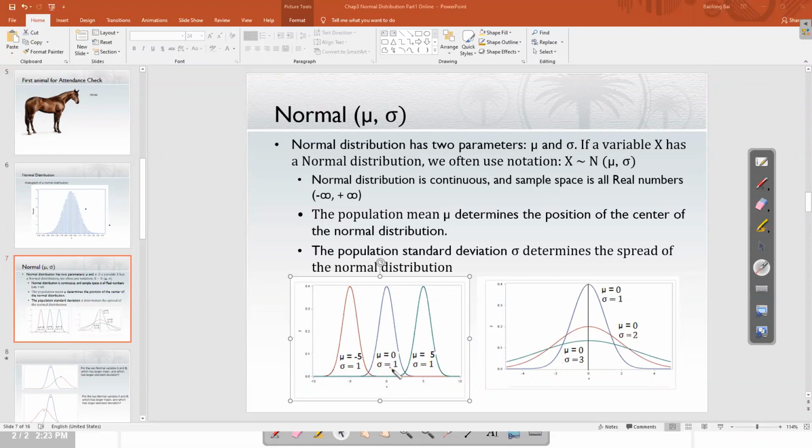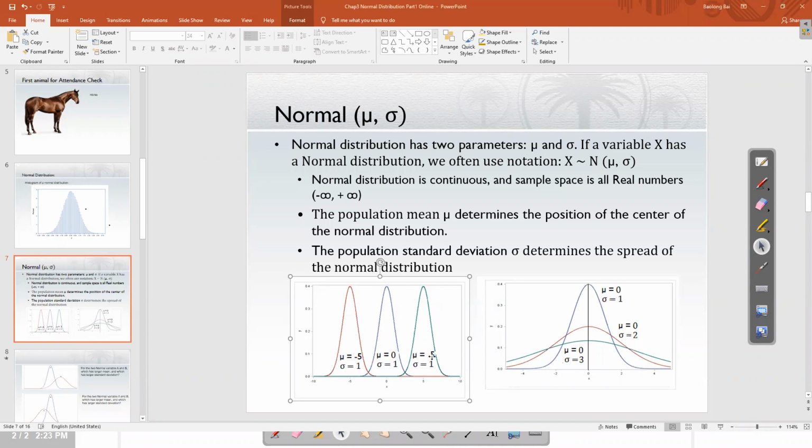The standard deviation is always set equal to 1 on the first three normal density curves. So you can see that when sigma is the same, the spread of the three density curves is exactly the same. So sigma is determining the spread, right?